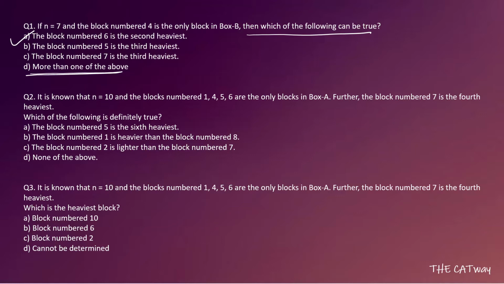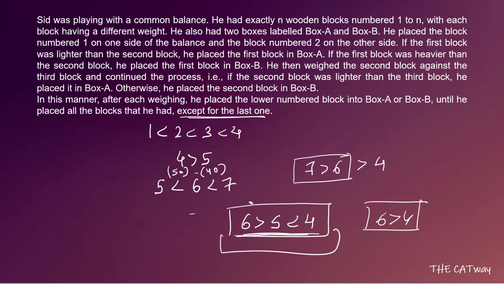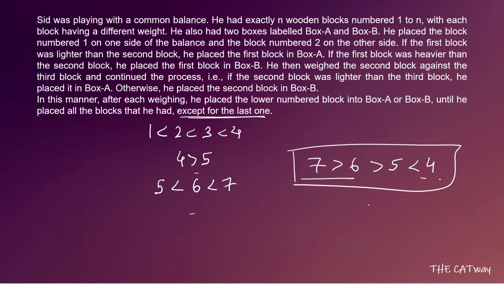Now come to option B. It says that block number 5 is the third heaviest. What we are certain of is that 7 is heavier than 6, 6 is heavier than 5, and 4 is also heavier than 5. So there are 3 blocks that are definitely heavier than 5.